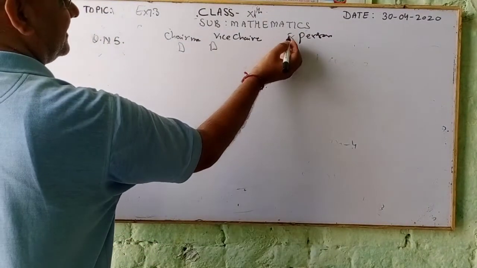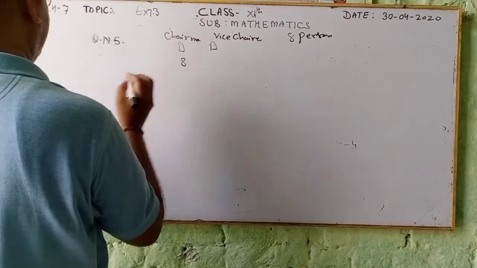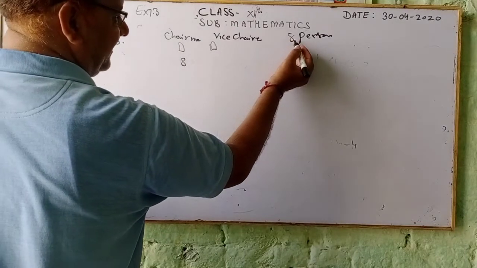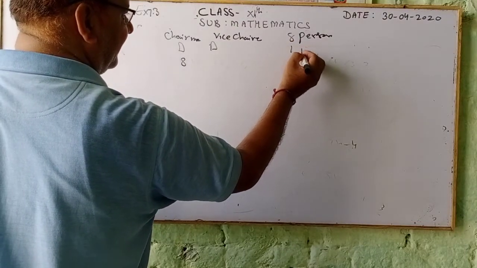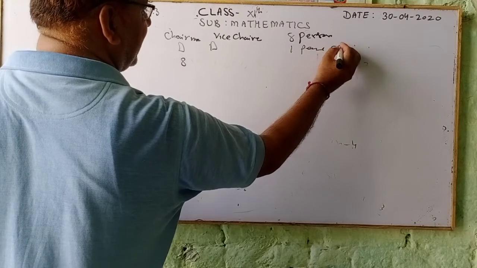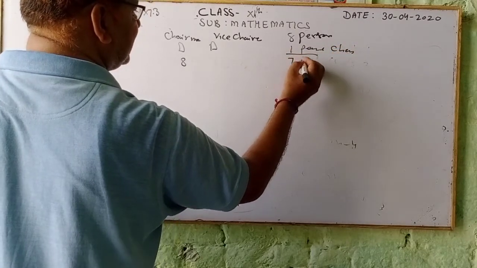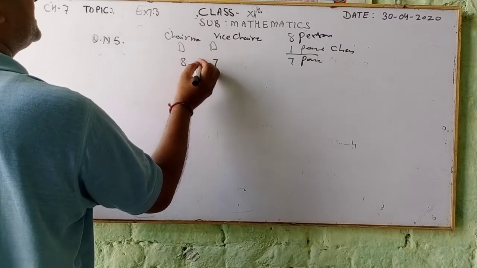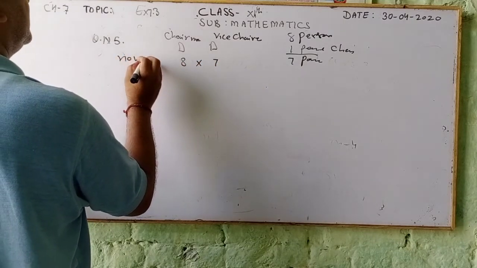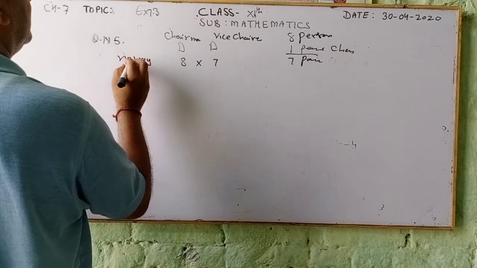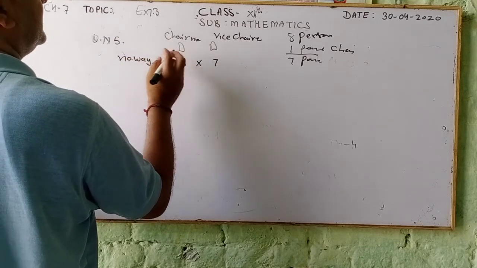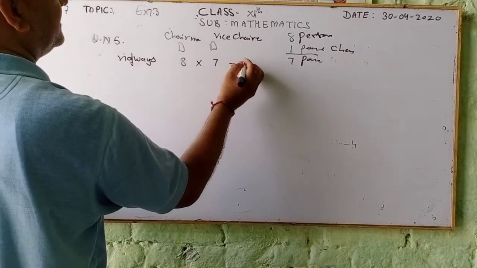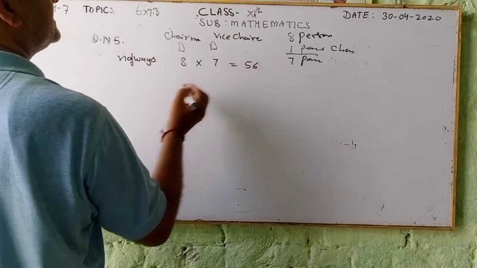The choice is 8. Once one person is the chairman, the remaining persons are 7 and the post is 1, so the choice is 7 also. So the number of ways to select chairman and vice chairman is 56.